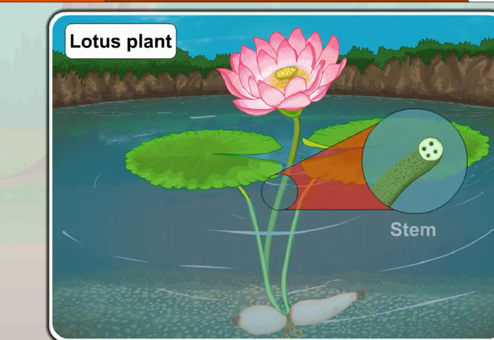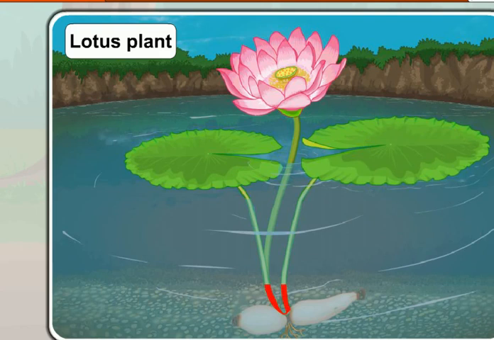The lotus stem has an empty space inside it. That is, the lotus stem is hollow. It is soft and spongy as well. Hollow, soft, and spongy lotus stem helps the upper parts of the lotus plant reach the surface of the water.